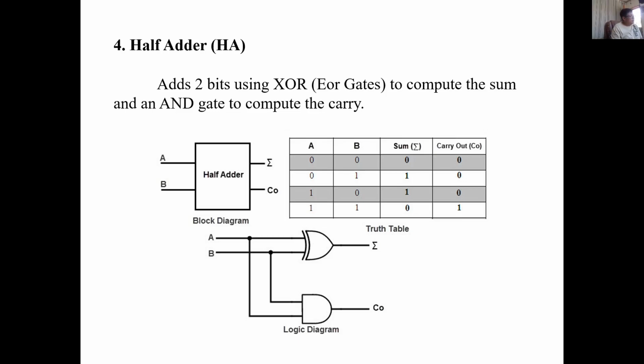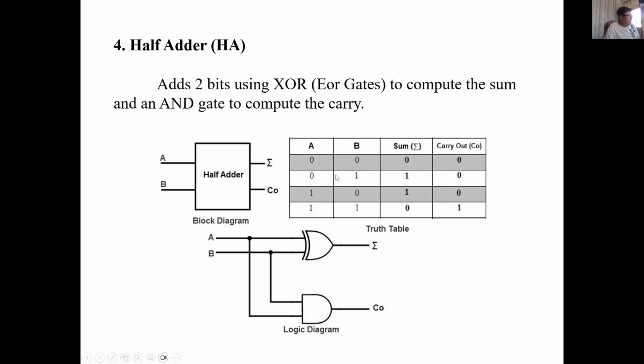The next circuit that we are going to discuss is the half adder. A half adder is called a half adder because it adds 2 bits. In this example, the XOR gate is used to do the summation, and the carry is done by an AND gate.